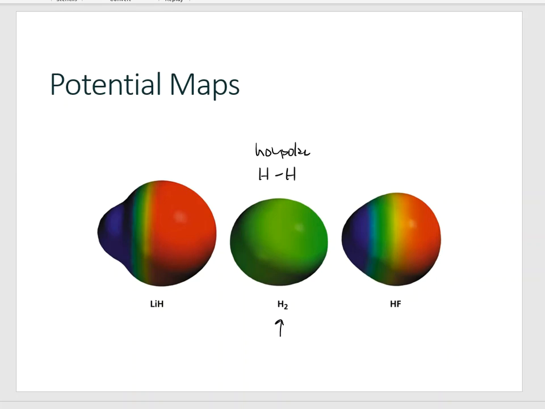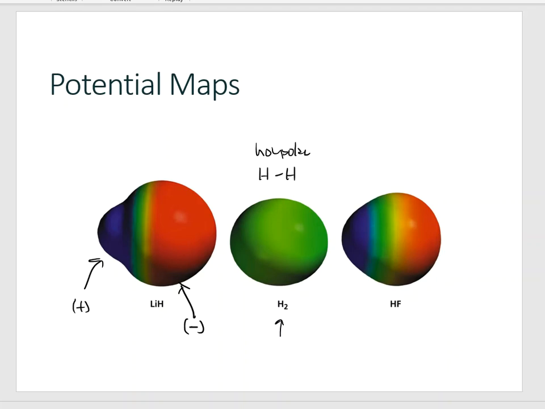The LiH over here to the side, all right, well, by looking at the potential map, it looks like the hydrogen this time is our negative area, and that's where the electrons are going to be located. And then it looks like our lithium on this side is going to be a blue area, so this would be more of a positive area for that particular molecule.